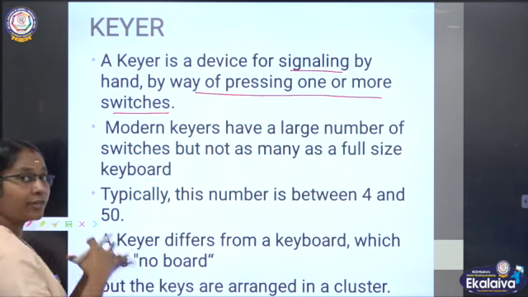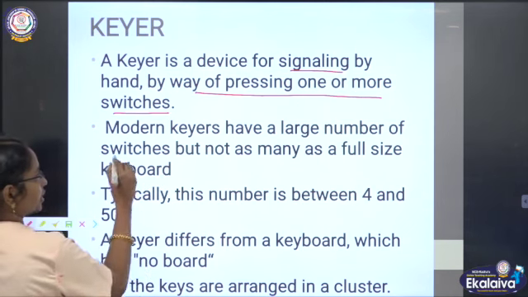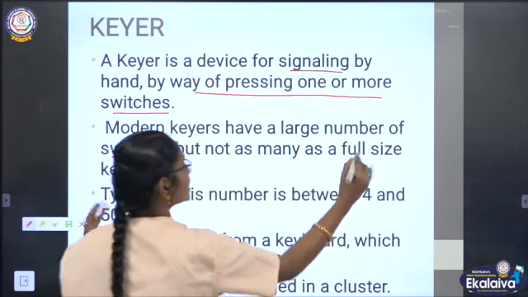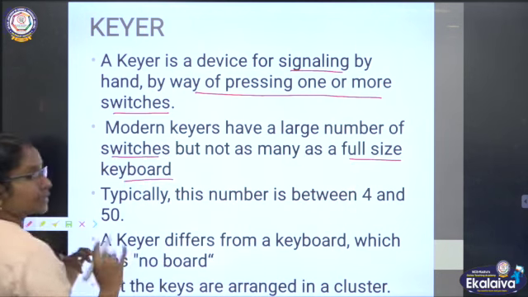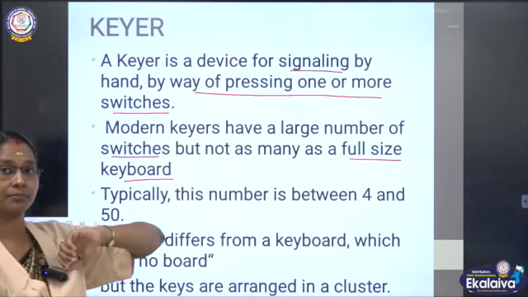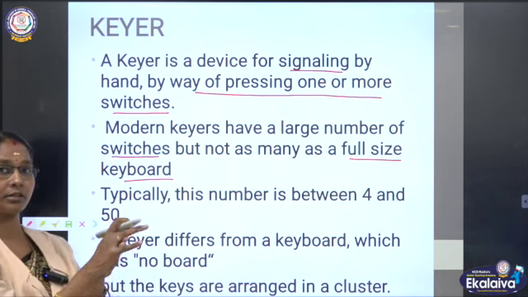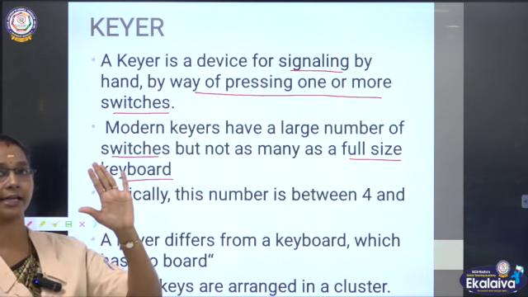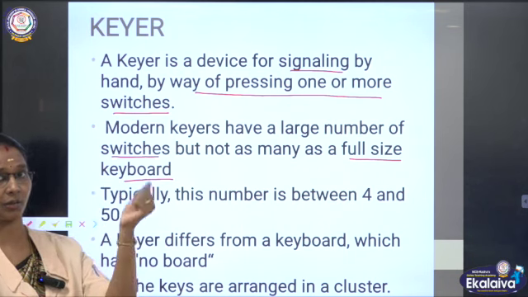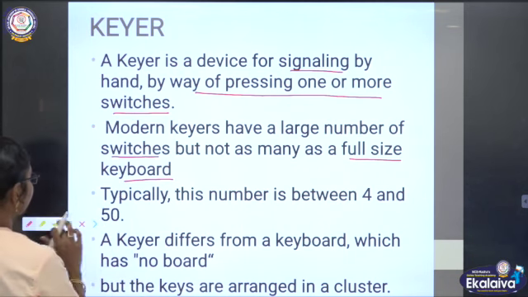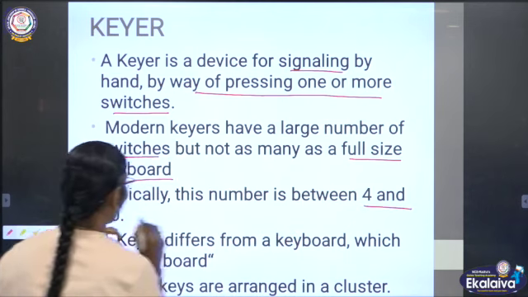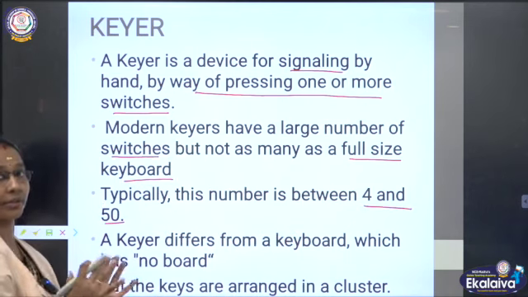Modern keyers have a large number of switches, but not as many as a full-size keyboard. The keyer is very small. It's a handheld device. We can have this much size. Typically, the number of keys to press is between 4 and 10.